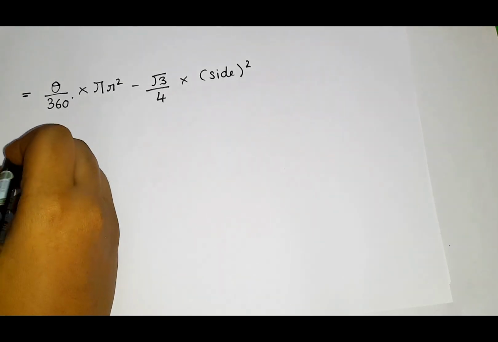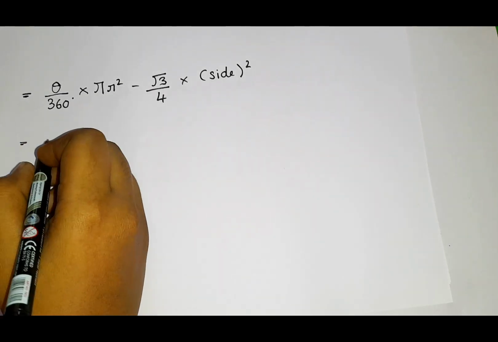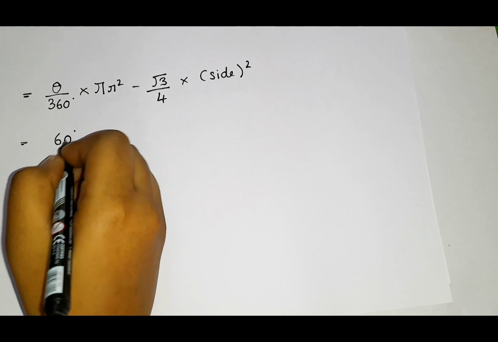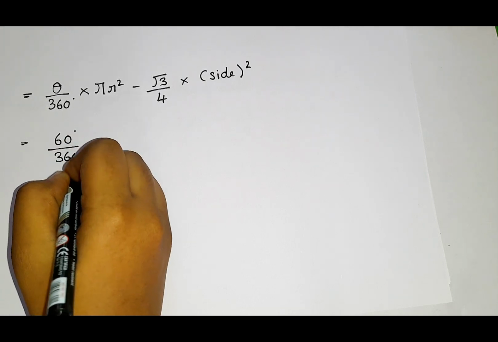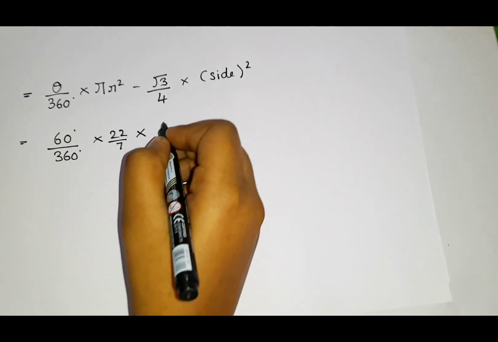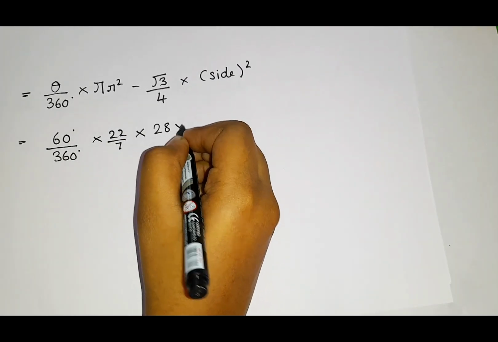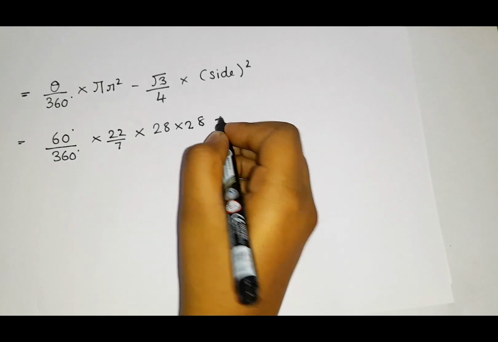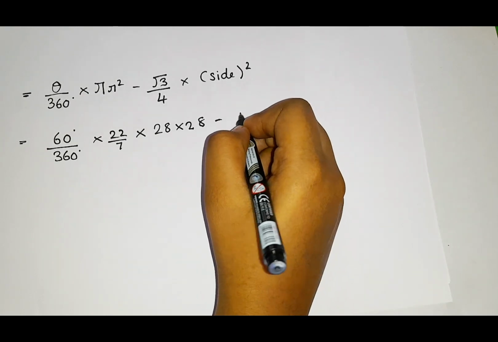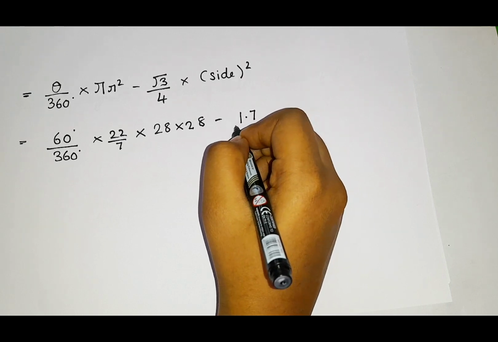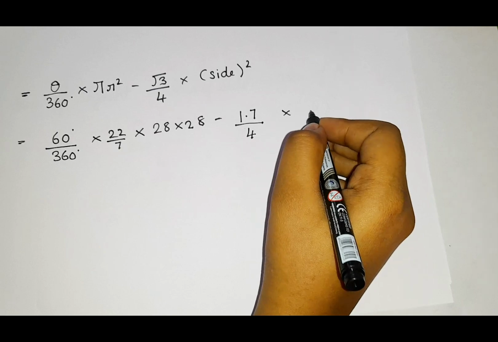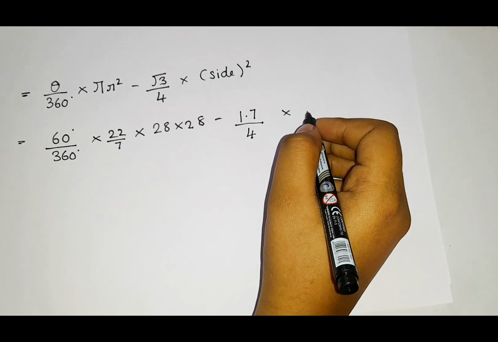Okay guys, so now let us substitute the values. Theta is 60 degrees divided by 360 degrees into 22 by 7, that is pi, r square is 28 into 28, minus root 3, for which we substitute the value according to the question, 1.7 divided by 4 into side square, meaning side into side.